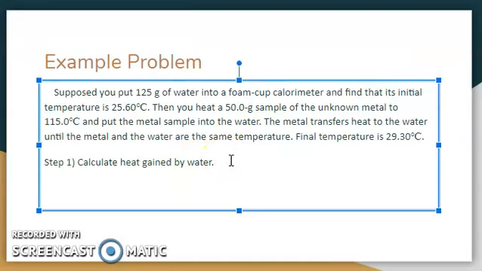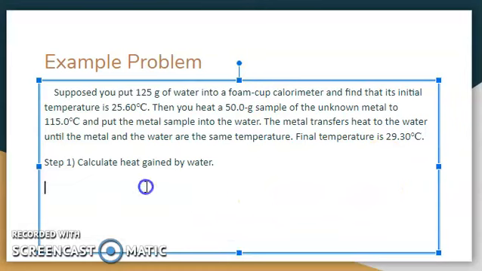So the first step is to calculate the heat gained by water. In order to do this, we're going to use the equation Q equals mCΔT. To calculate the heat, Q, we have to know the mass. The mass of the water is 125 grams.